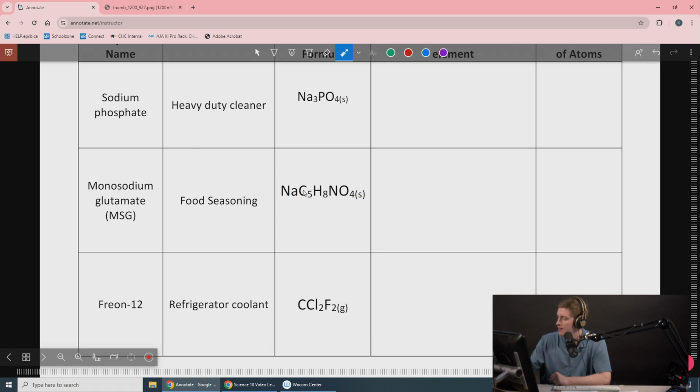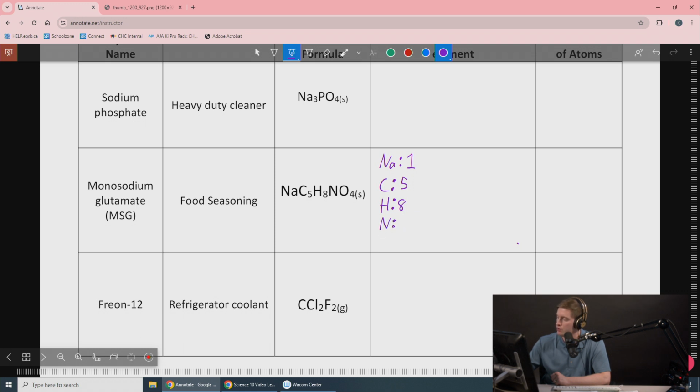Sodium has no little subscript, so we've got 1 sodium. Carbon has a 5, so we've got 5 carbons. Hydrogen has an 8 to the right of it.